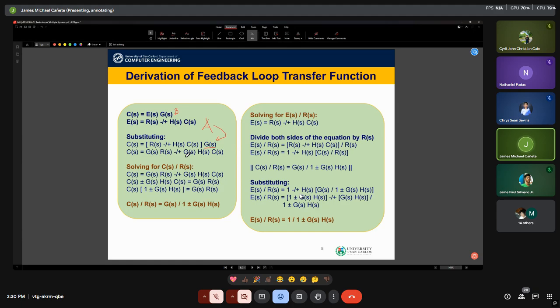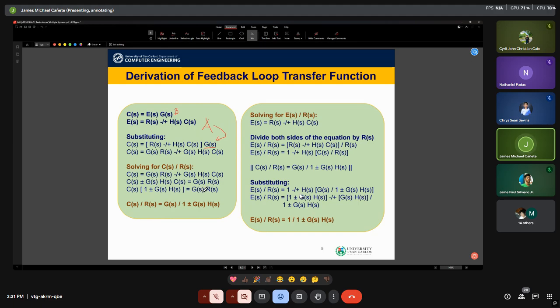The goal here is to get the simplified transfer function. That means we need to get the ratio of C over R. C over R is the simplified system. So we get this after the distribution, we now transfer the minus plus to the other side. So the symbols change here from minus plus to plus minus, inverted, transferring it to the left side of the equation.